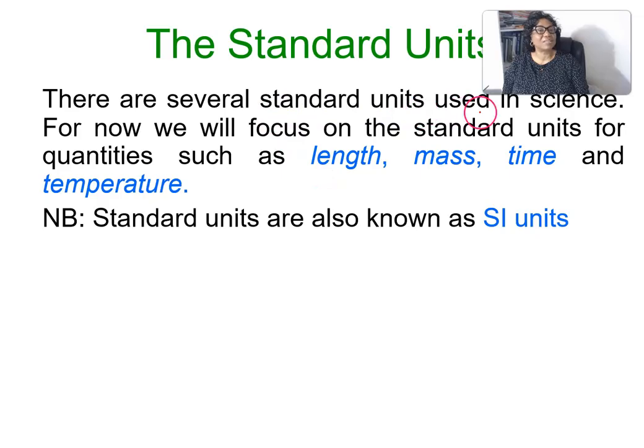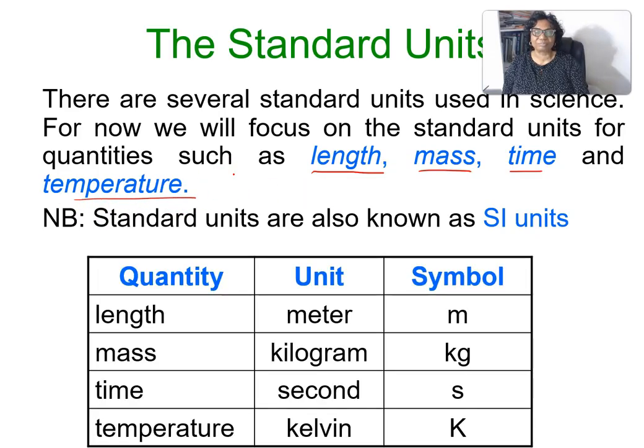There are several standard units used in science. For now, we'll focus on the standard units for quantities such as length, mass, time, and temperature. These are some of the examples, but as I said, they are derived from the metric units.